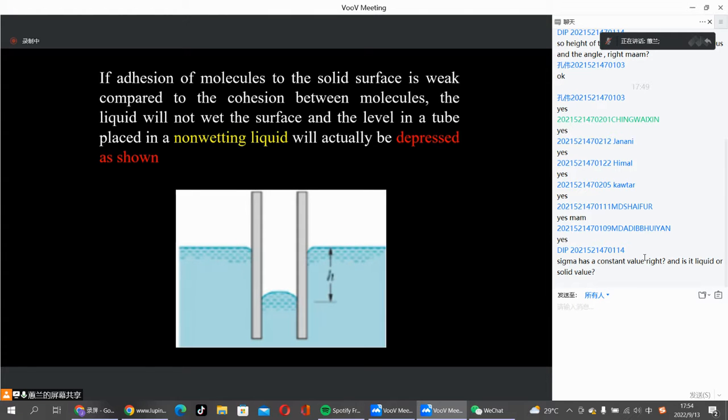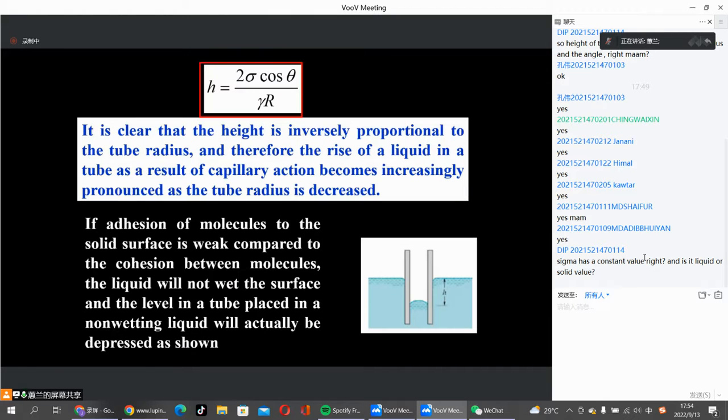For you, civil engineering students, you should know that in some places, if you go to the forest, or if you live on the first floor, you will see sometimes the wall will become wet. It's due to what? The water.